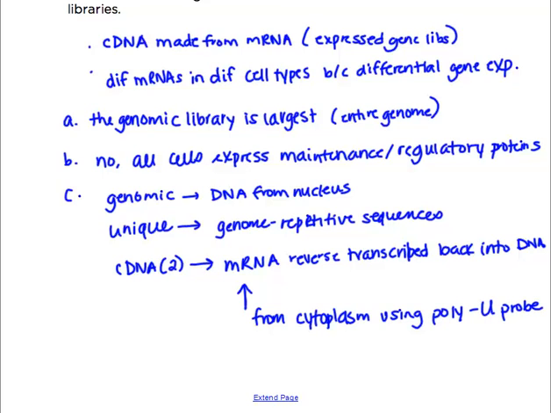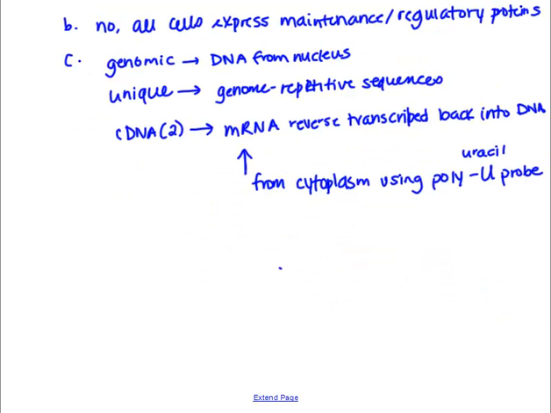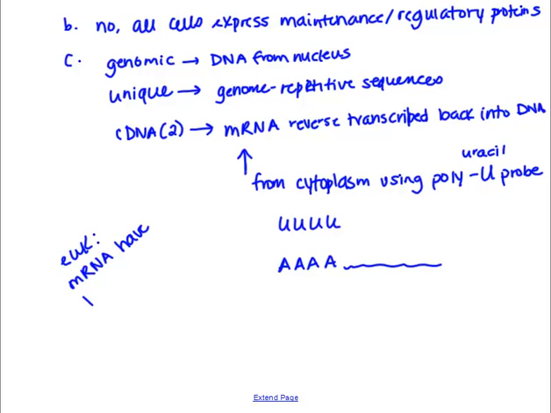The U here is for uracil, because, as you might remember, uracil complementary base pairs with adenine, right? So a probe that has multiple U's on it can base pair with an mRNA that has multiple A's on it, which, remember, in eukaryotes, mRNAs are polyadenylated, so they have this poly-A tail. Therefore, this probe is a really good way to take the mRNAs out of the solution of the cytoplasm.